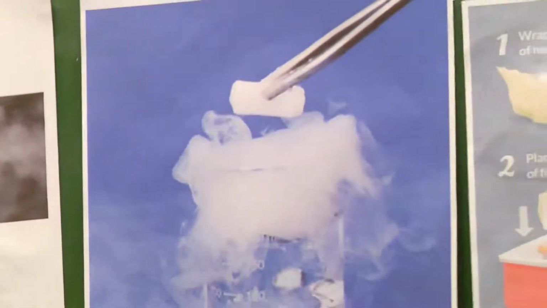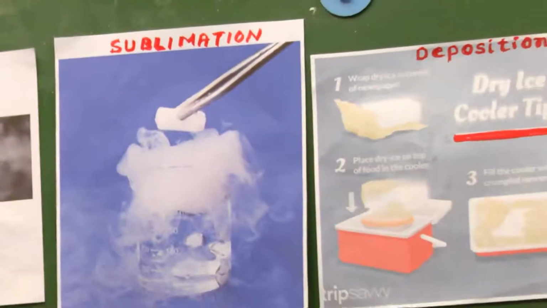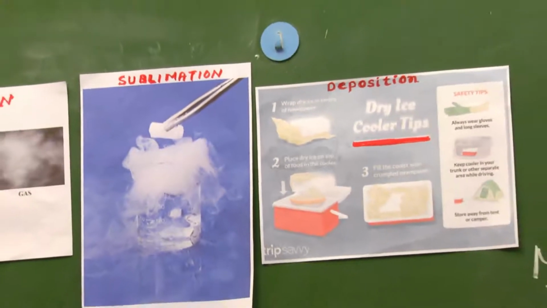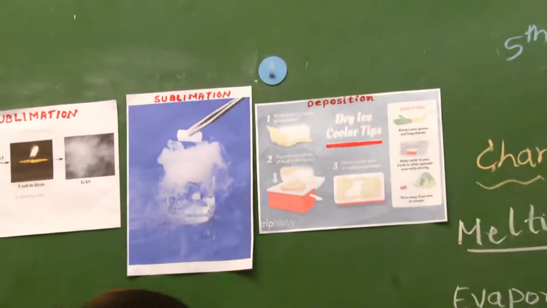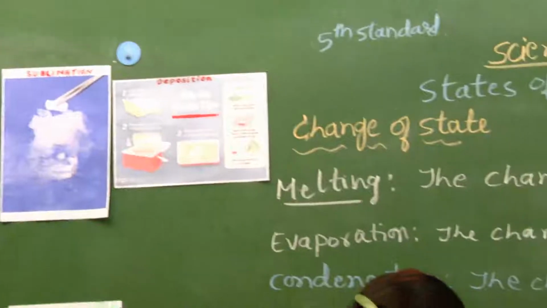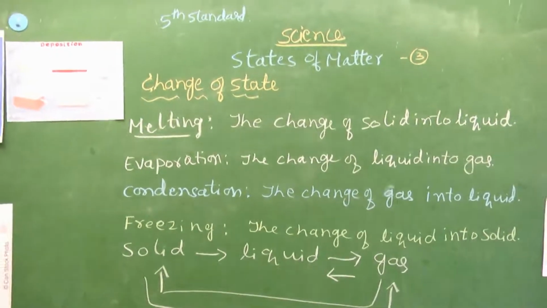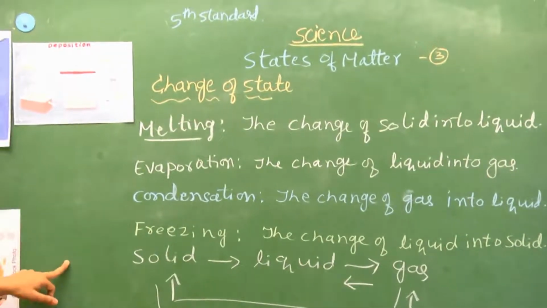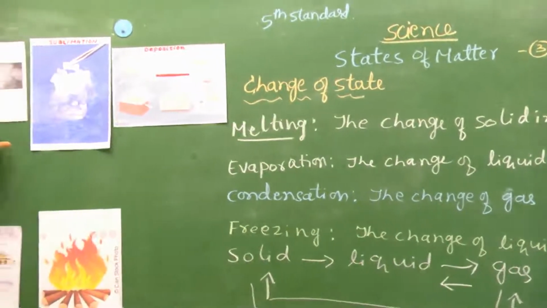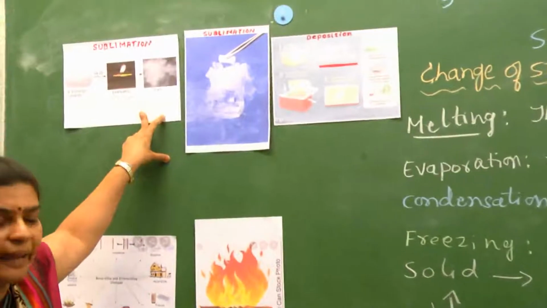So here, the solid is directly getting converted into gas. That process is called sublimation. So this is an example of sublimation, camphor.